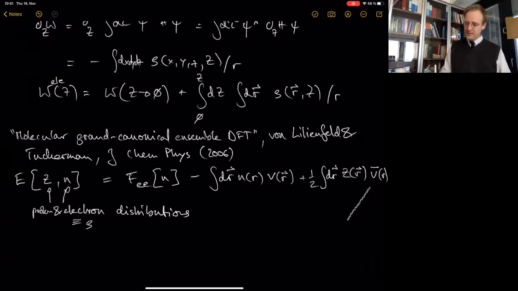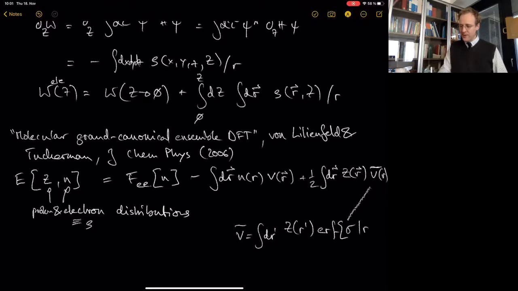So this V tilde or V bar is simply the integral over R prime, Z of R prime, and we formally introduce an error function which switches this off as R approaches R prime.